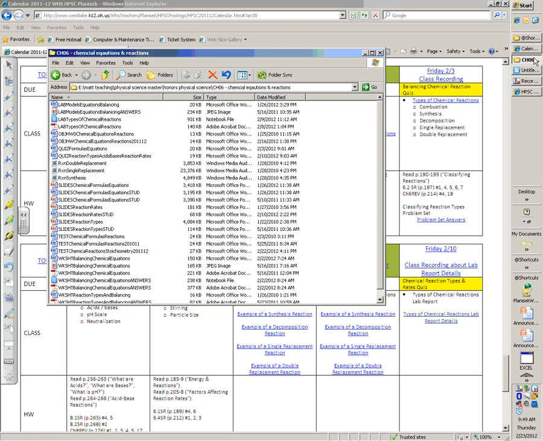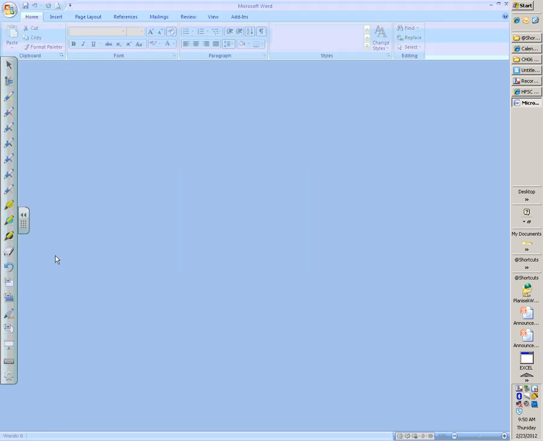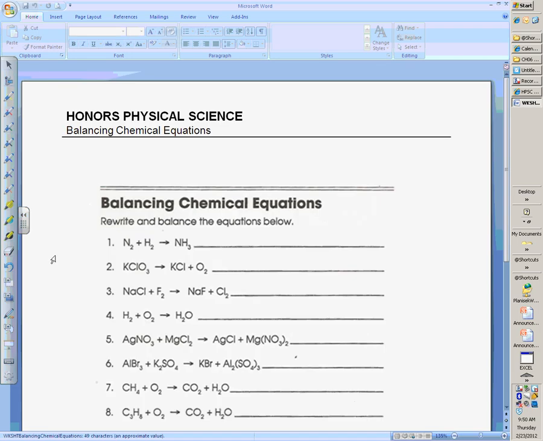The first problem set that I gave you in this unit looked like this, essentially.